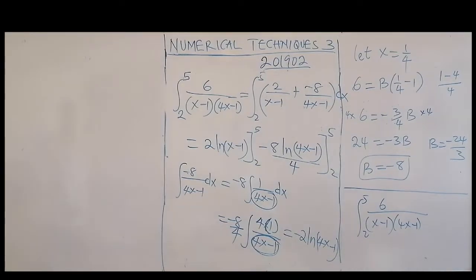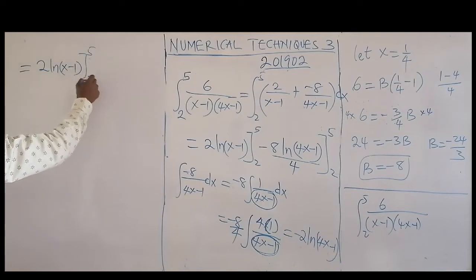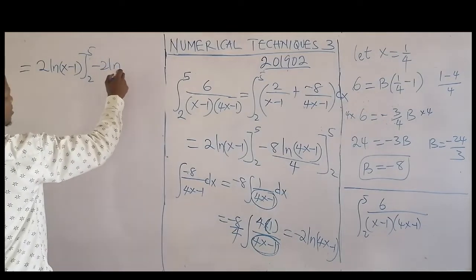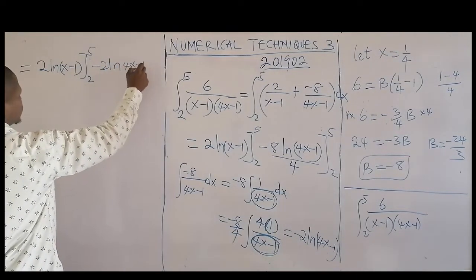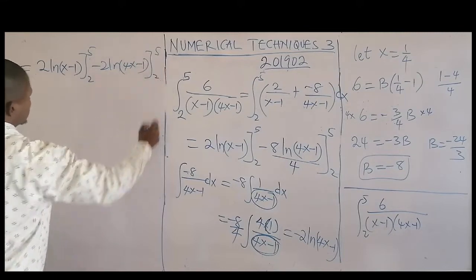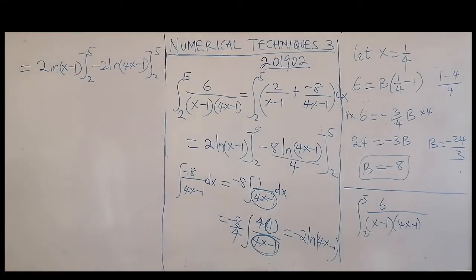So now we have 2 ln of x minus 1 from 5 to 2, minus 2 ln of 4x minus 1, upper and lower boundary.